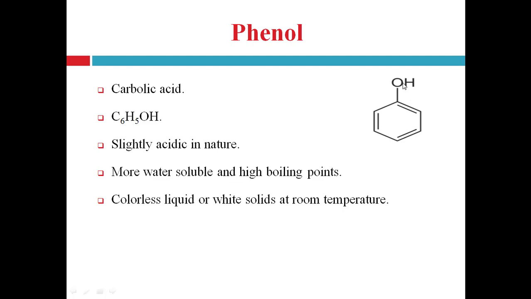Here the oxygen of the hydroxyl group is bound to the carbon of the benzene ring, which is the formation of a C-O bond. This C-O bond is formed by the overlapping of the sp2 hybridized orbital of the carbon, because here the carbon is double bonded, and double bonded carbons are sp2 hybridized.